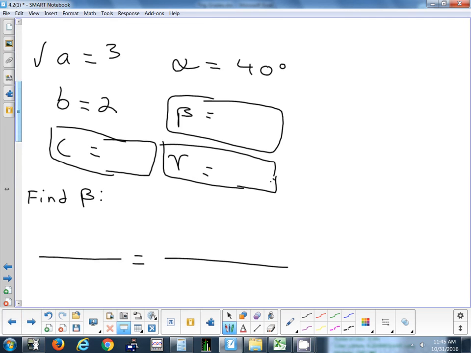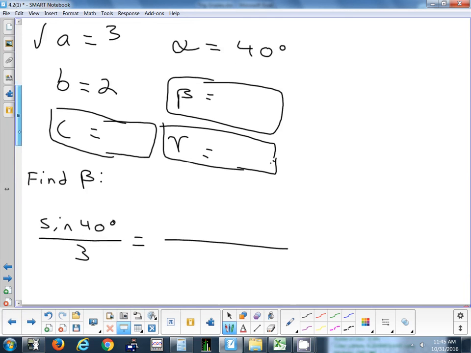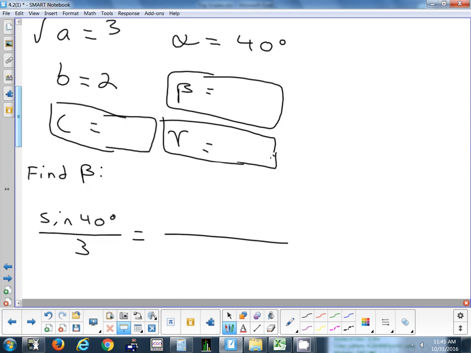Okay, I'm going to use my first row because it's got everything in it. Sine of 40 over 3. And John, what am I going to put on the other side? Okay, and could you just tell me something else with the beta?